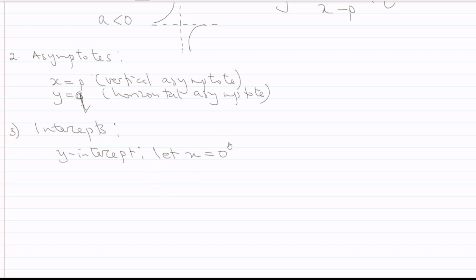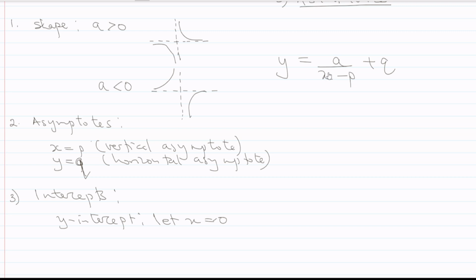In other words, we substitute x with 0 in our original equation, like here y is equal to a over x minus p plus q. The other one is the x-intercept. In most cases we let y is equal to 0, substitute y is equal to 0.